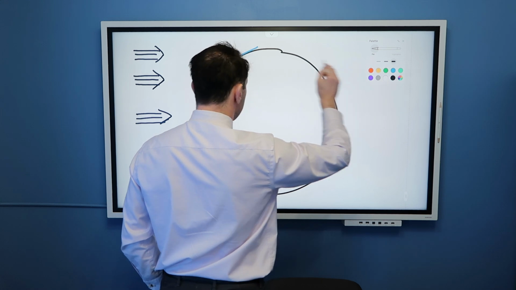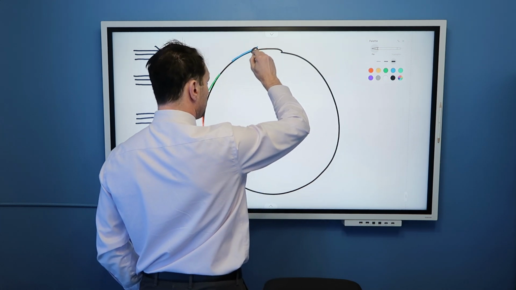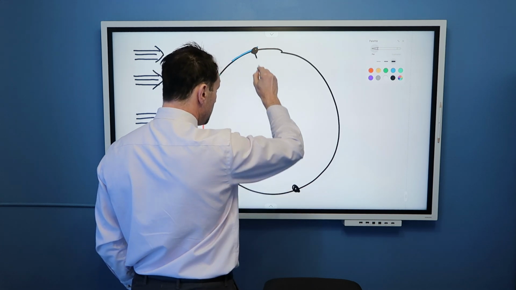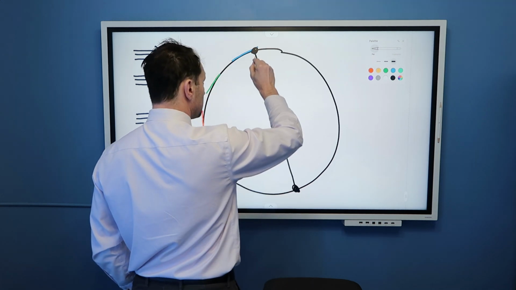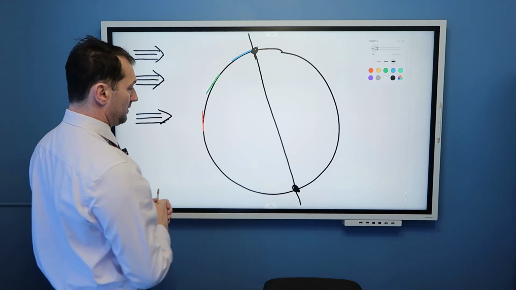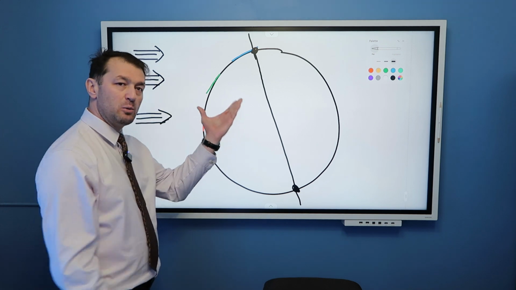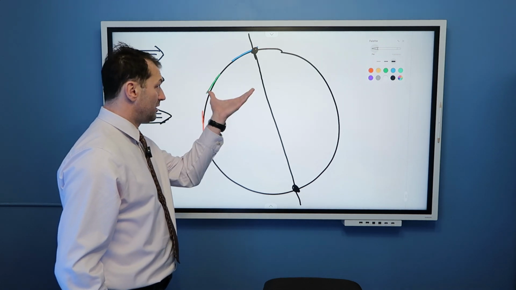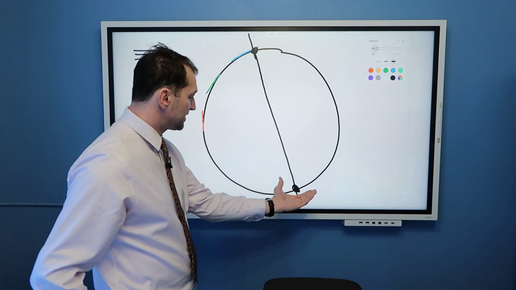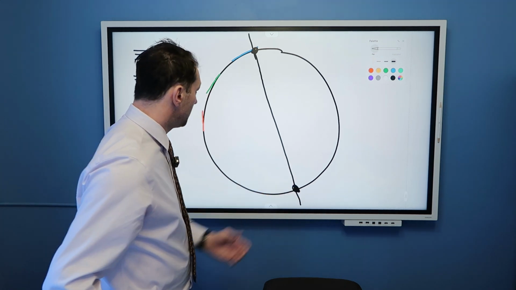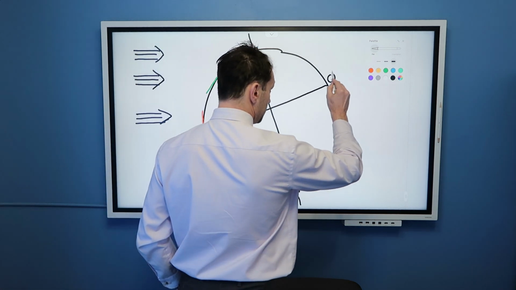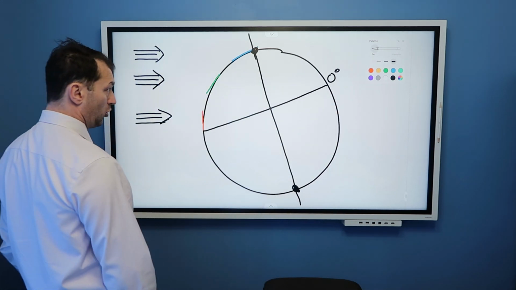North Pole is actually somewhere here, and South Pole is somewhere here, which means that the axis of Earth's rotation is tilted towards the sun when we have summer in the northern hemisphere, and it is tilted away from the sun when we have winter in the southern hemisphere, which means the equator, 0 degrees equator, is like so.